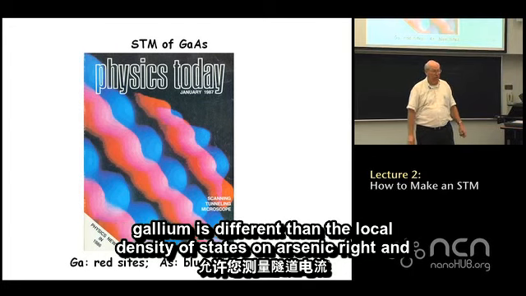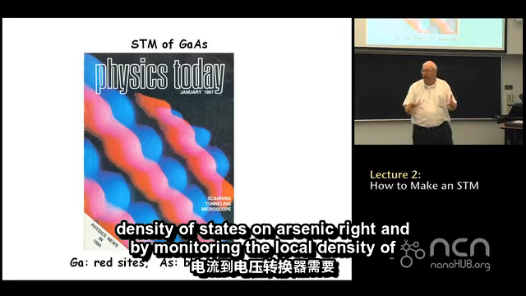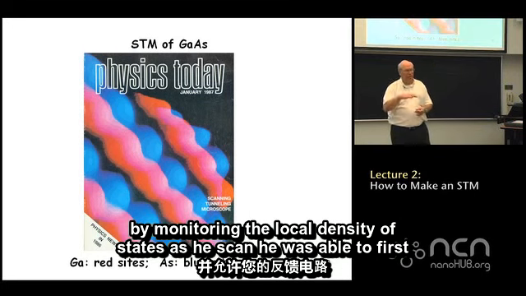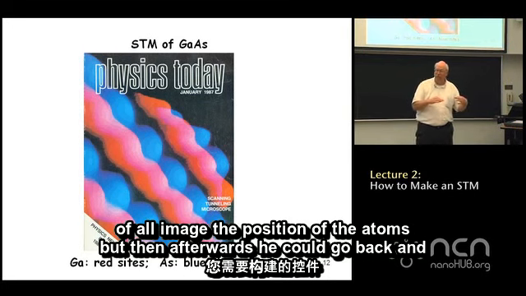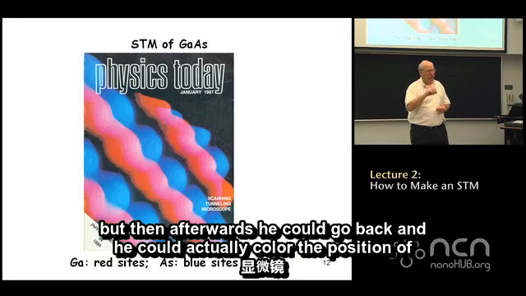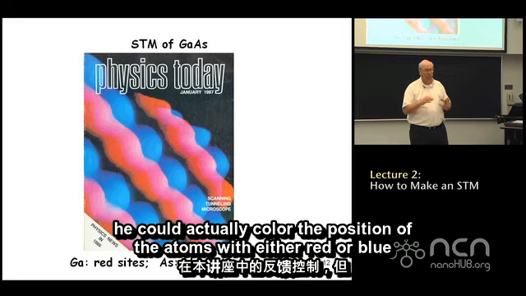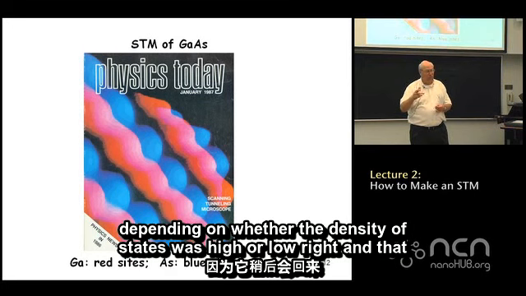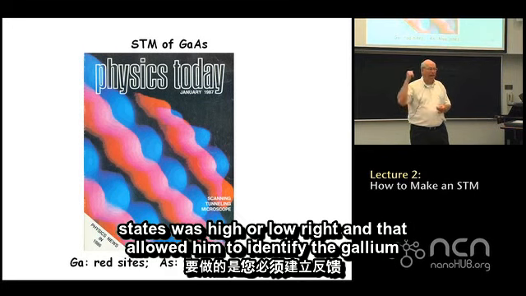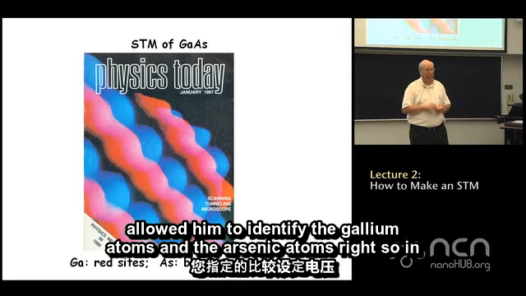And of course, the local density of states on the gallium is different than the local density of states on arsenic, right? And by monitoring the local density of states as he scanned, he was able to, first of all, image the position of the atoms, but then afterwards he could go back and color the position of the atoms with either red or blue, depending on whether the density of states was high or low, right? And that allowed him to identify the gallium atoms and the arsenic atoms.